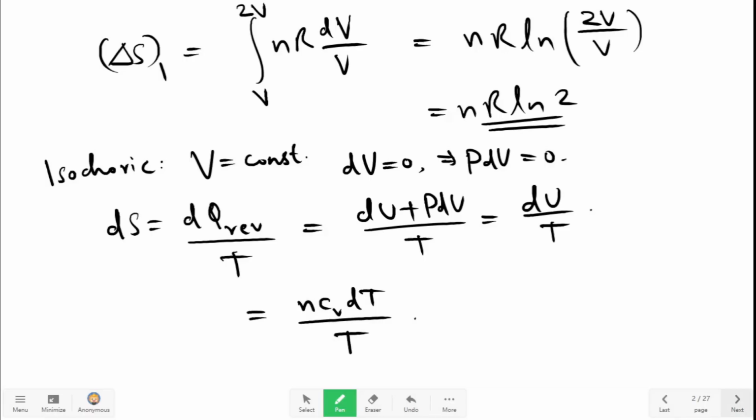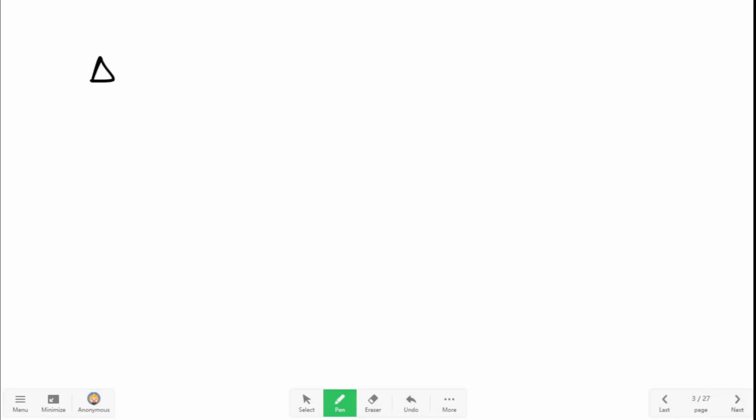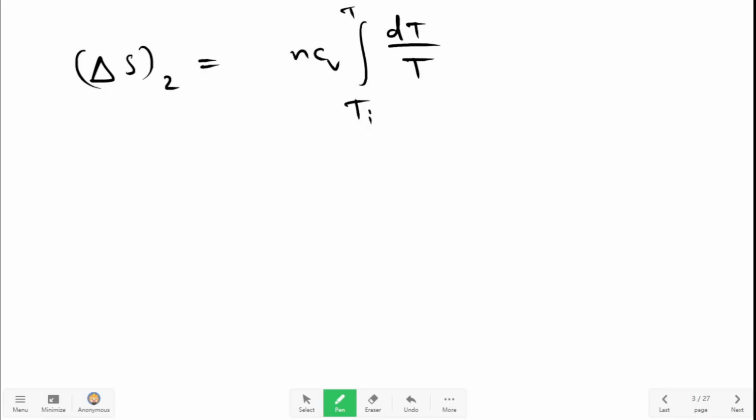Therefore, when we integrate this, we will get delta S for second process. This is equal to nCv integral dT upon T from Ti to Tf.